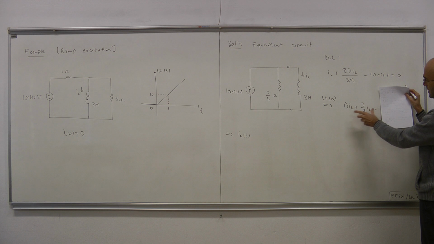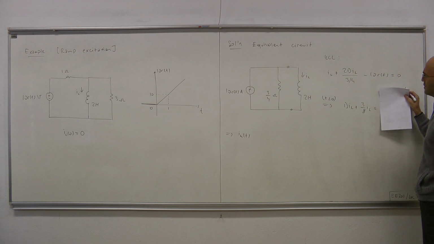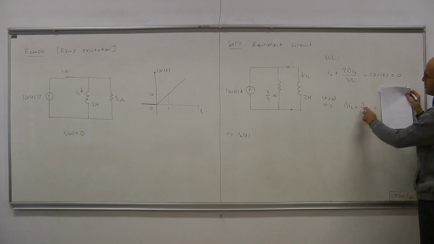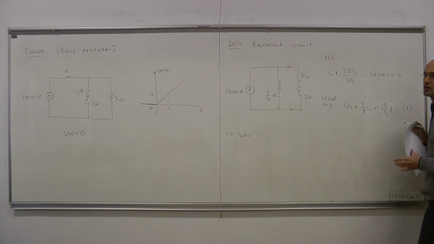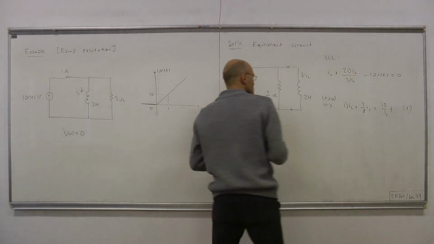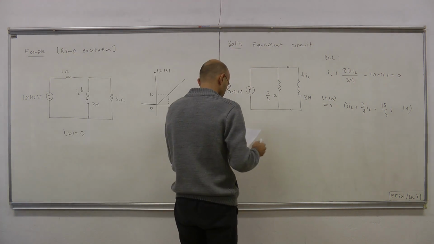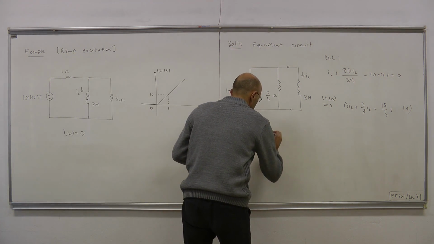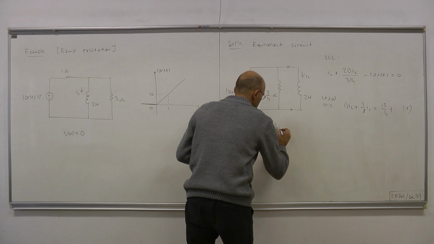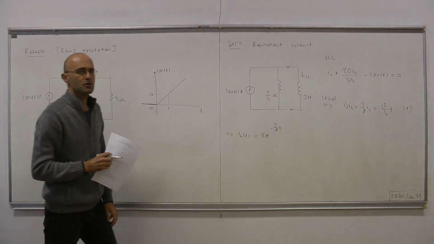The solution of this equals 0 is what we call the homogeneous solution. The natural frequency is at -3/8, therefore the homogeneous solution is some constant times e to the -3/8 t.